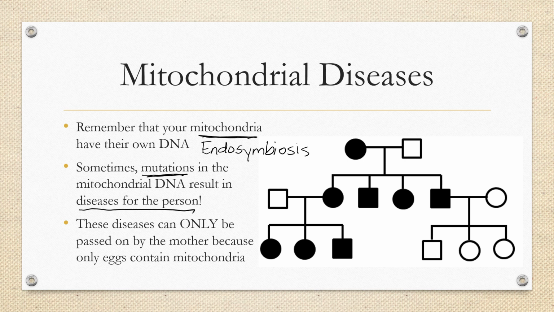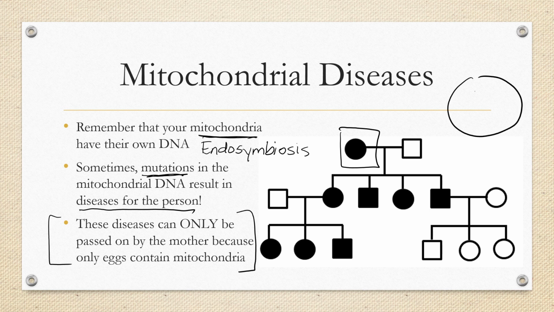Now, the cool thing with these ones, how will I know that it is a mitochondrial disorder? It is only passed on from the mother because we only give mitochondria in our eggs. The sperm do not give mitochondria. They only give DNA.